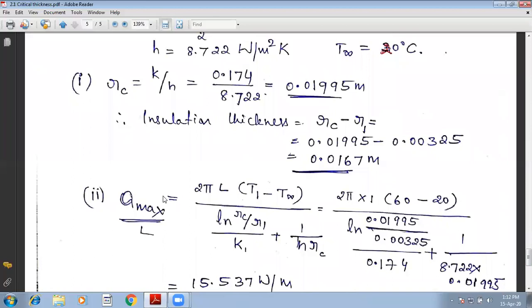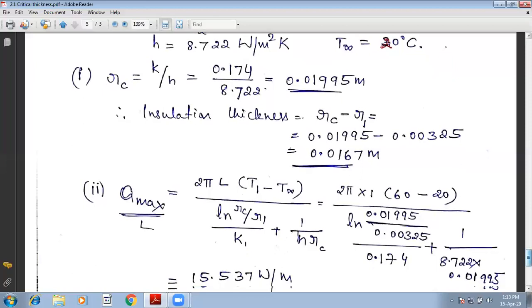So heat transfer for a pipe considering two resistances, conductive resistance as well as convective resistance, we have Q is equals to 2 pi L delta T upon ln of R2 by R1, but R2 is replaced with RC because at RC you will be getting maximum heat transfer. We have seen that. RC by R1 upon K1 plus 1 over H into RC.